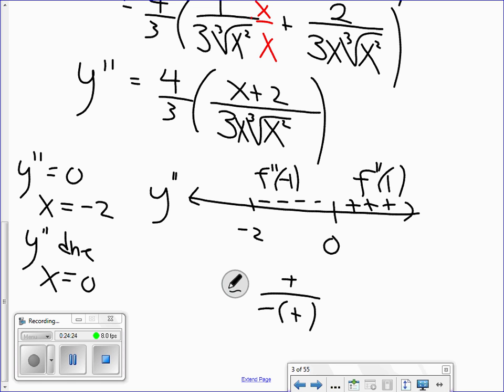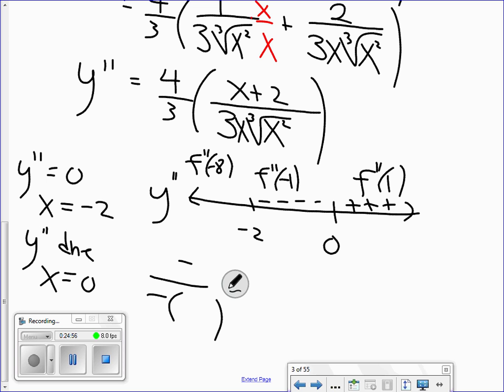All right, let's take a number less than -2. That's a perfect cube, so I have to take the cube. Yeah, -8. That's what I was thinking. Just want to think about the little pieces. So if x is -8, 4/3, we don't care about that. That's positive. The numerator, x plus 2, is that positive or negative? Negative. Then we have the 3 times the -8 out front.